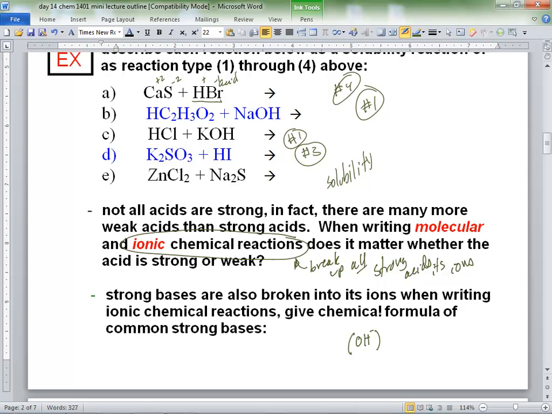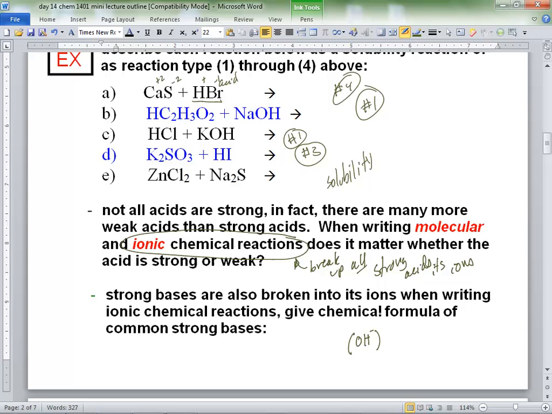I can put those right here, and I'll always have a strong base. I can put it with anything. It'll dissolve. I don't know if you've noticed, because it wasn't in the chart. You had a different type of chart. You followed different rules. But it's a very useful rule. Anyone recognize this? After doing a bunch of problems? Whenever you had lithium, sodium, potassium, those alkali metals, it doesn't matter what it's with.